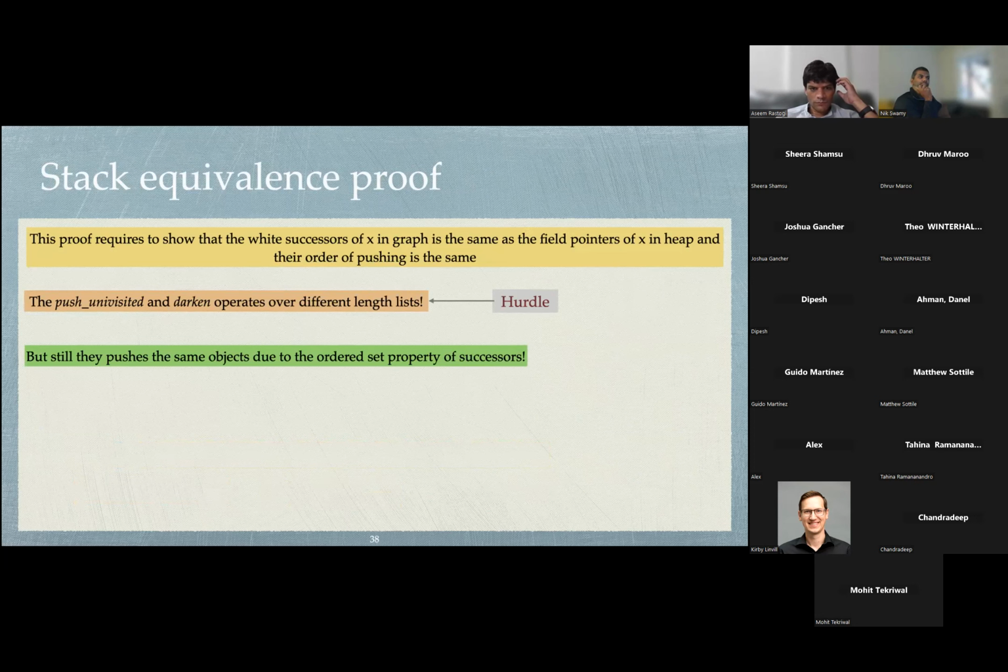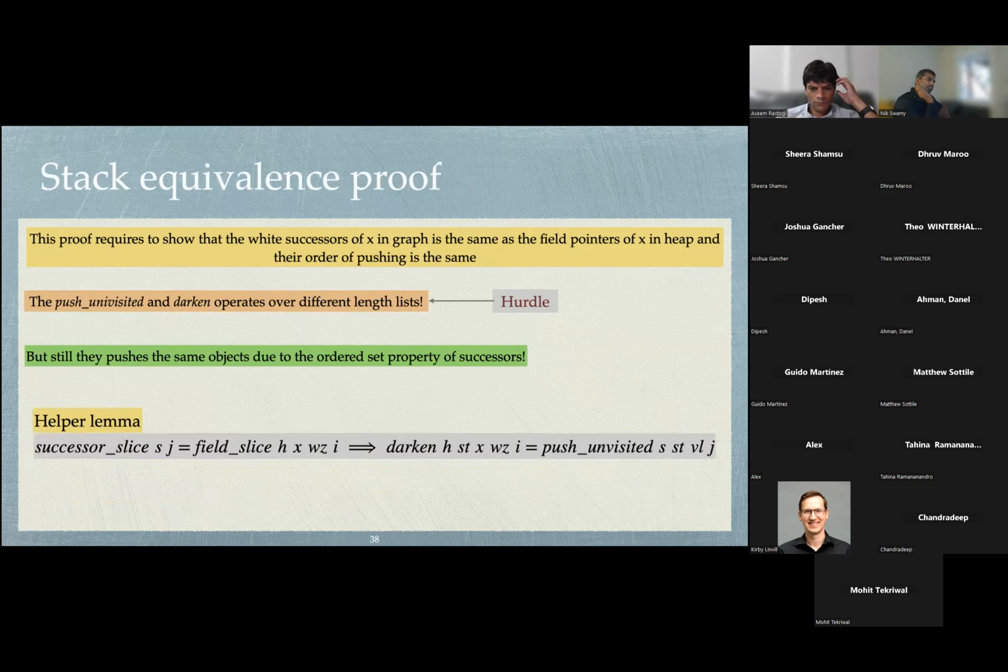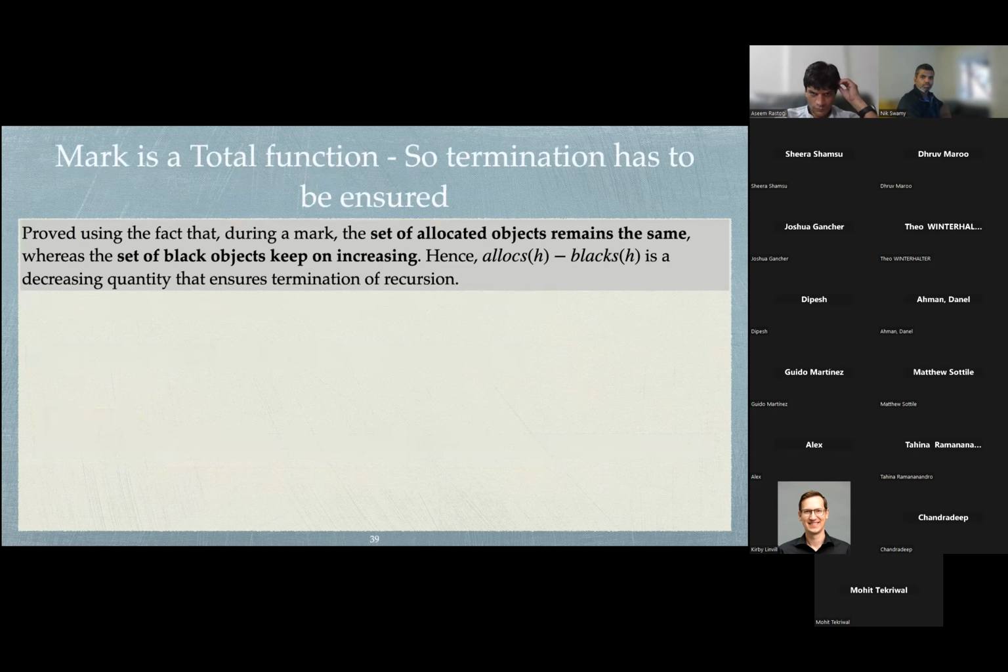To overcome that problem, we need a helper lemma which says that if we start from a portion of the successor slice and do the push unvisited operation, and if we start from a portion of the field slice and do the darken operation, they both eventually produce the same stack. If we are able to prove this invariant initially, during the operation, and after the operation, we will be able to show that the stack equivalence can be maintained. I'm not going to elaborate on that lemma.